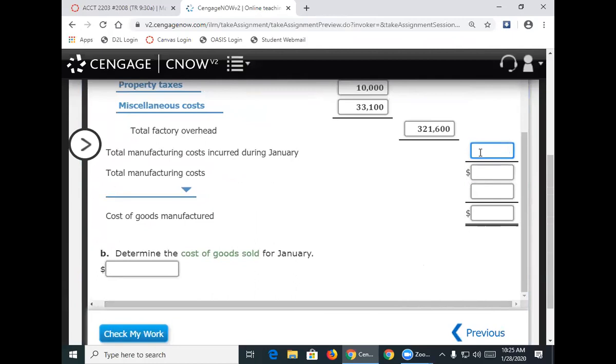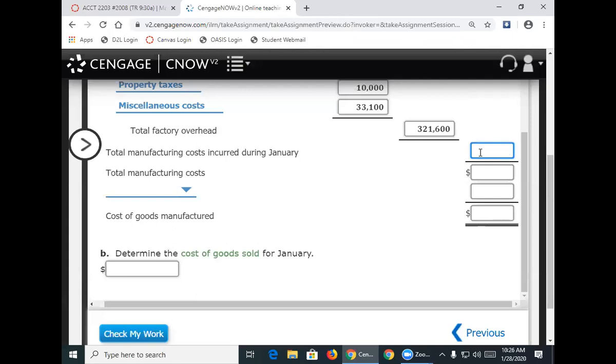Wait a second, did I just add up the wrong thing? Just kidding. I should look at my notes better. I added in the 334,600. Sorry. The production cost, I should look at the right line. 3,991,100.